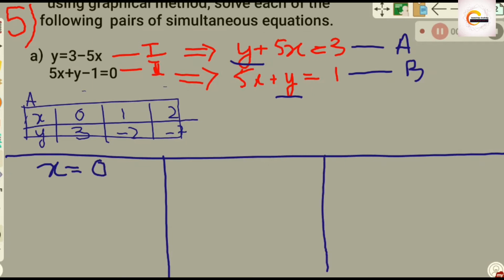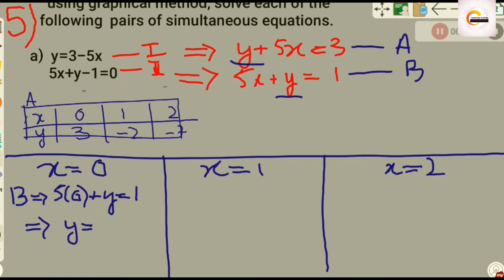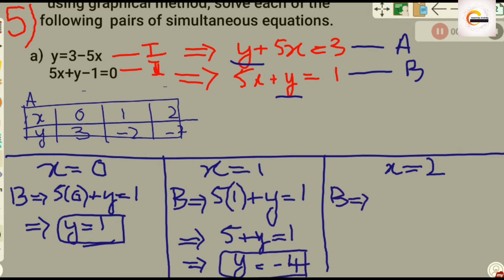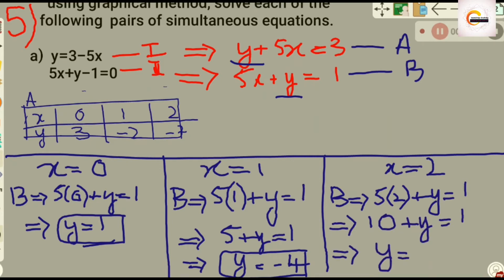In equation B, we can see that the y variable has no coefficient, so I'm directly solving it quickly. The value of y is 1, another value is -4, and the third value is -9.